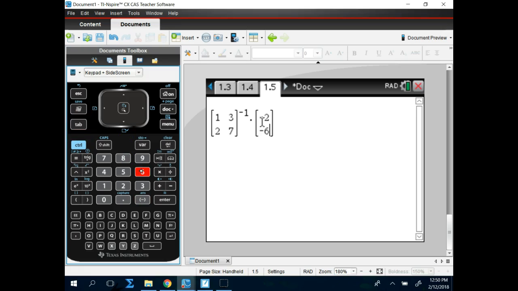Correct? And for 3 by 3s, you have a couple of more numbers to type in. You have 6 more numbers to type in.